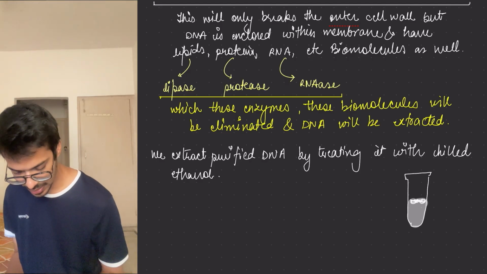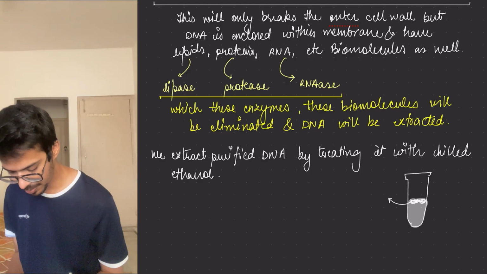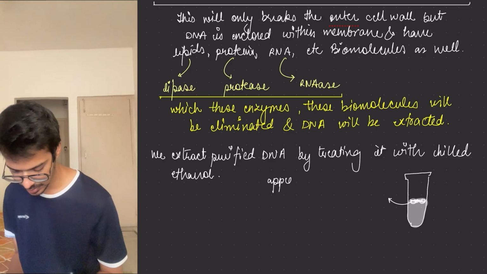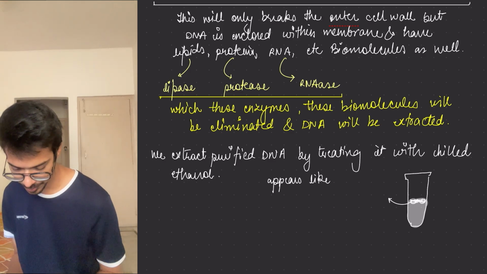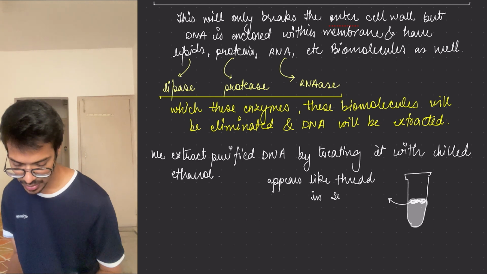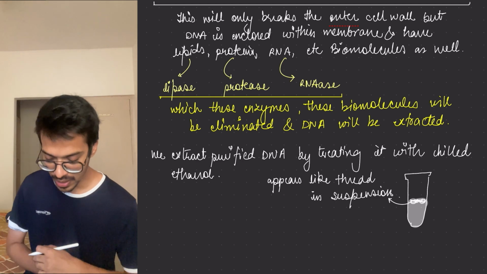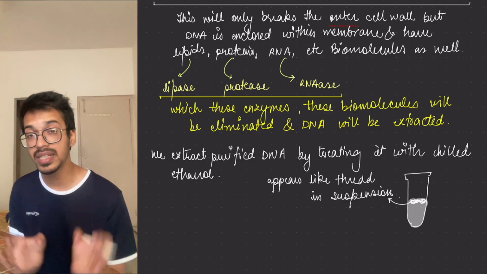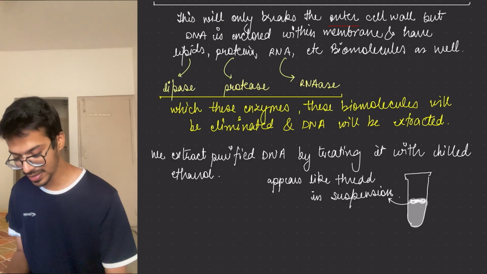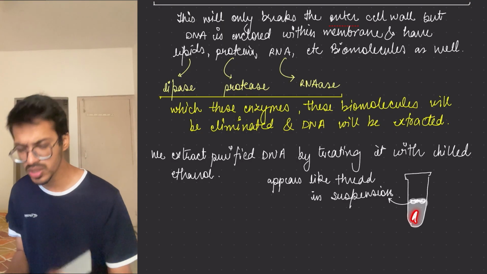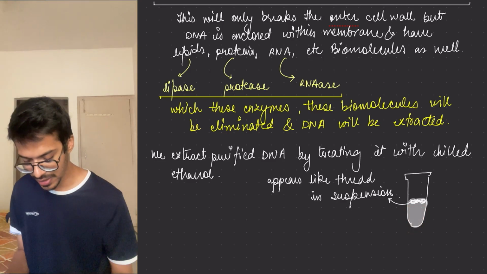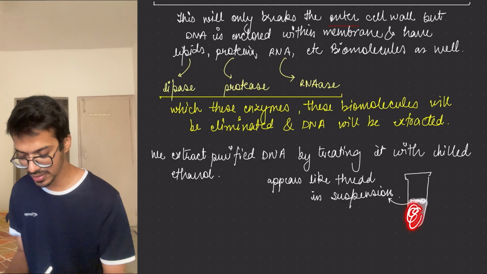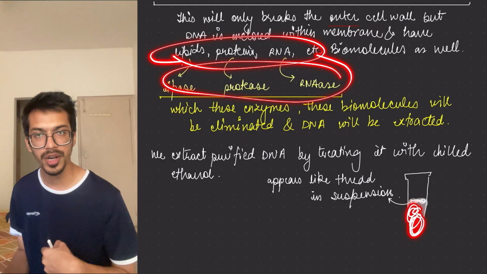It appears like a thread in suspension. Suspension is a type of solution condition. Whereas the other lighter shade, which is almost transparent, is all your dissolved things.